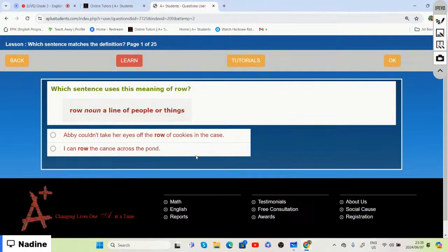Or I can row the canoe across the pond. And our definition is a line of people or things.